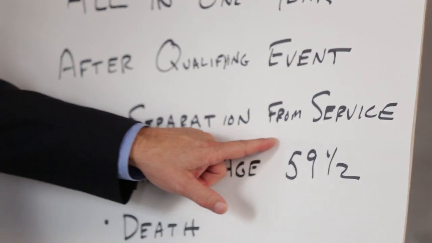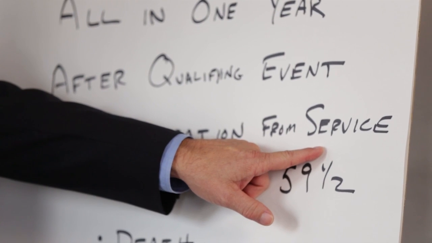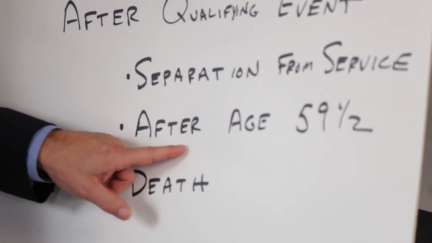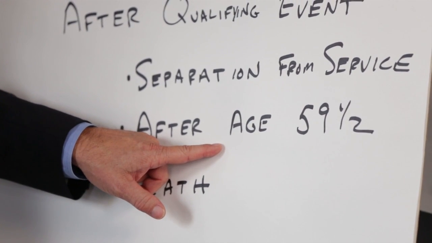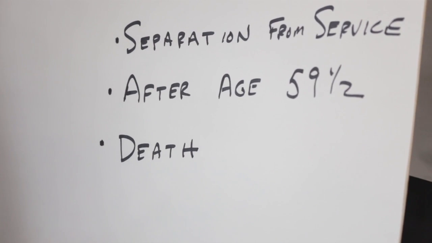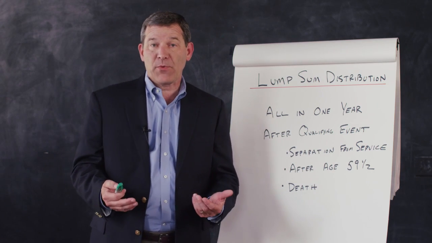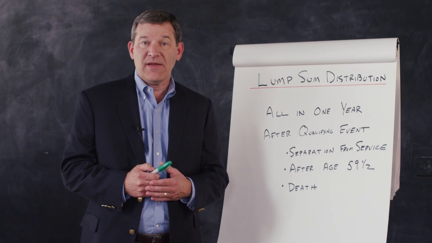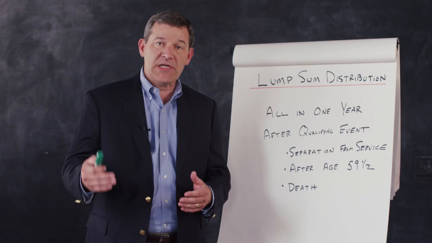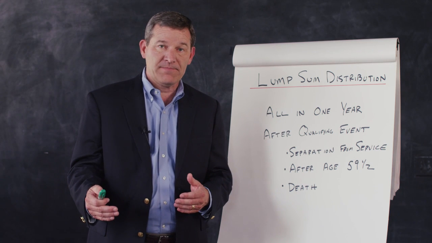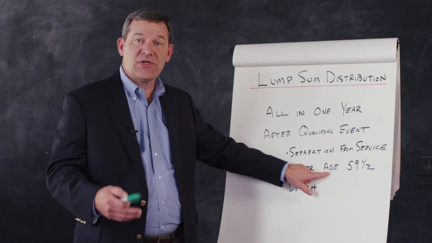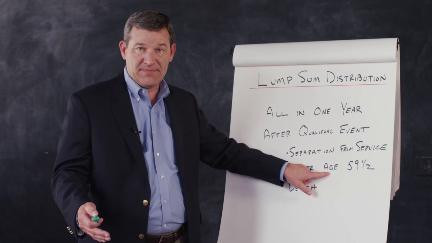You can do this at separation from service, when you retire. You can do this after age 59 and a half, or your family could do it in your death. So if you separated from service, let's say at age 53 or 54 or 57, and you took distributions from the retirement plan, then when you turned 59 and a half, you can do a lump sum distribution again.